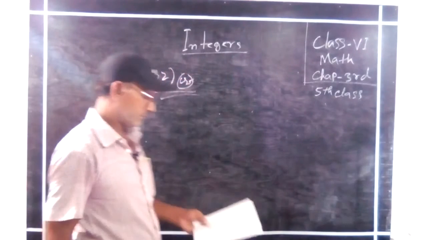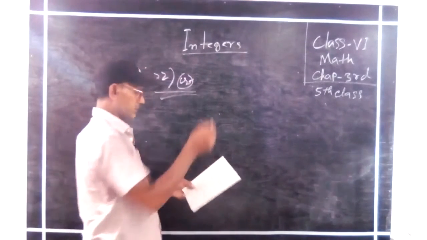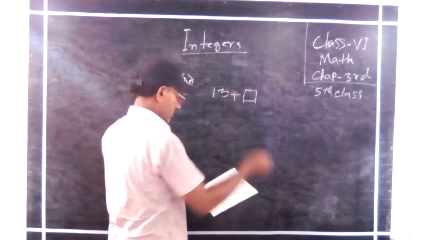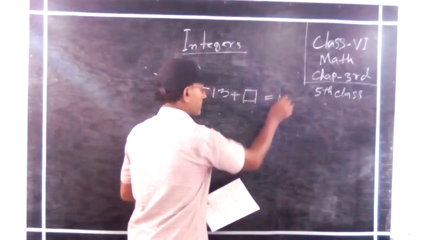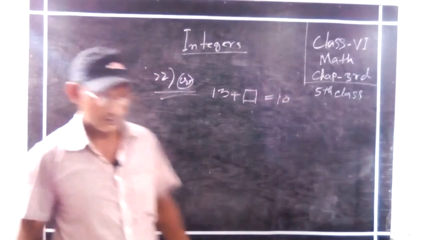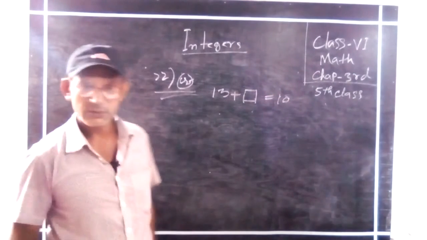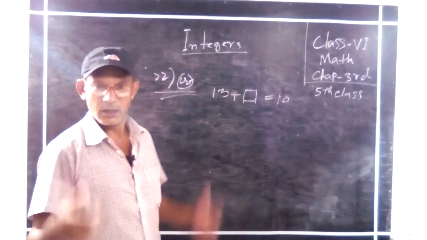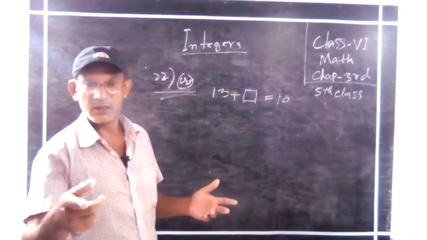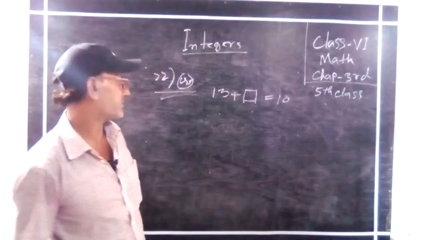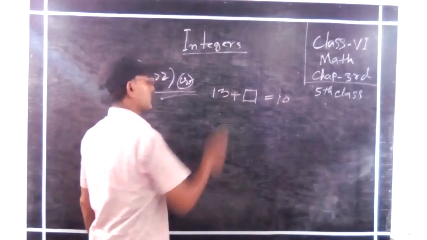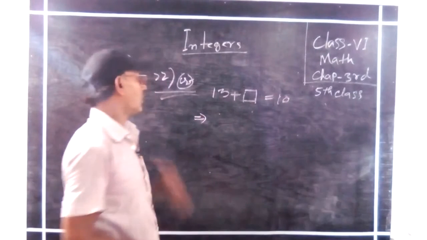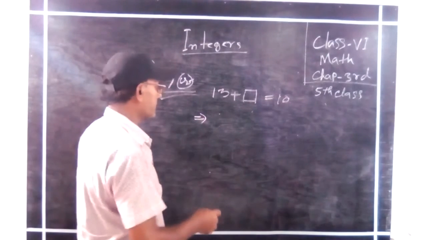Come. 13, attention please: 13 plus empty cell equal 10. Empty cell equal 10. Are you understanding? I say, are you understanding? Yes, you will understand. 13.